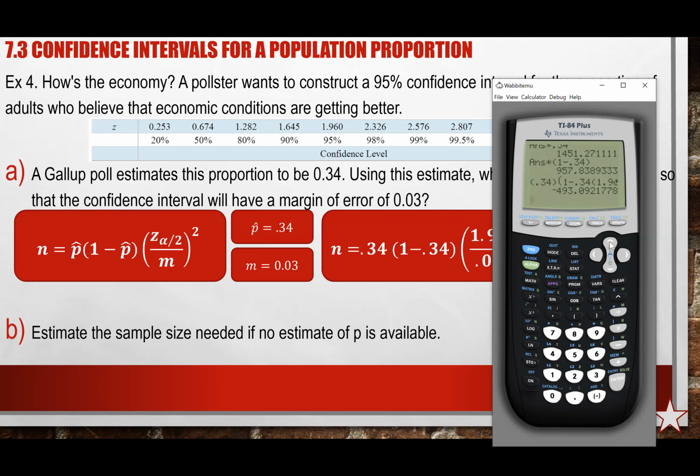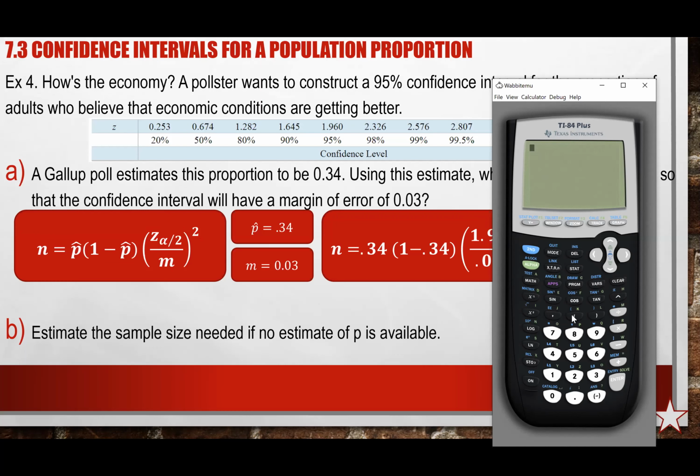So if you type this thing in, did I type in the wrong number? You forgot the close parenthesis after the 0.34. I see. So to show you, if you type it in, make sure you have the parentheses.